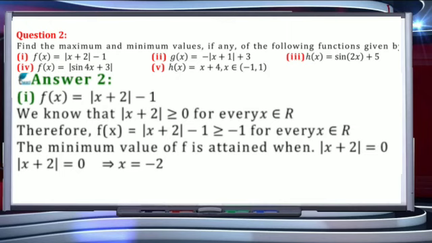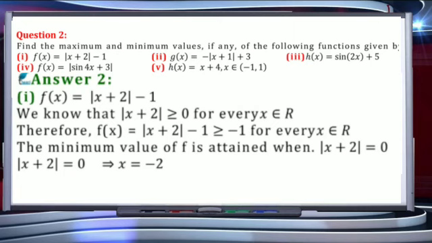Next, question number 2 is to find the maximum and minimum values of the function, if they exist. The 5 parts are given to us in question number 2. The very first part is f(x) is given by mod of (x plus 2) minus 1.